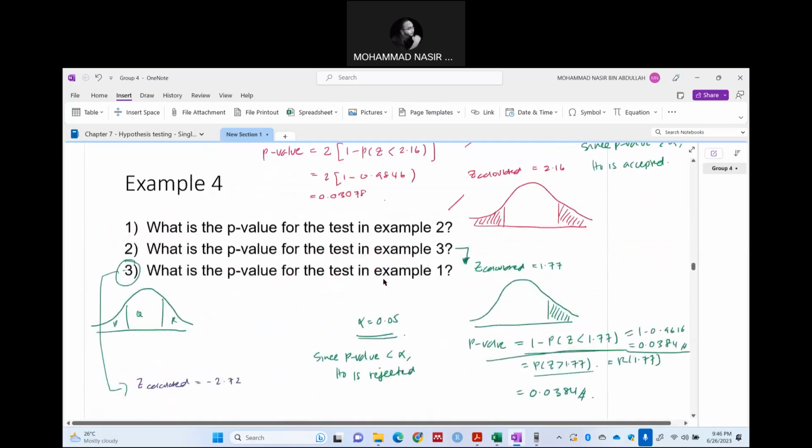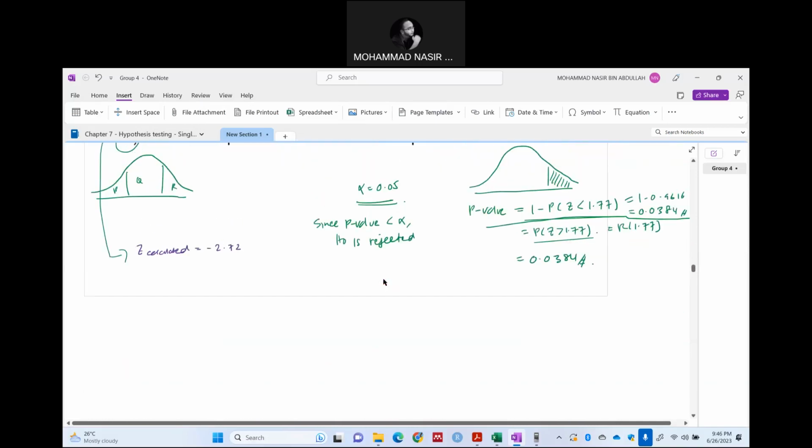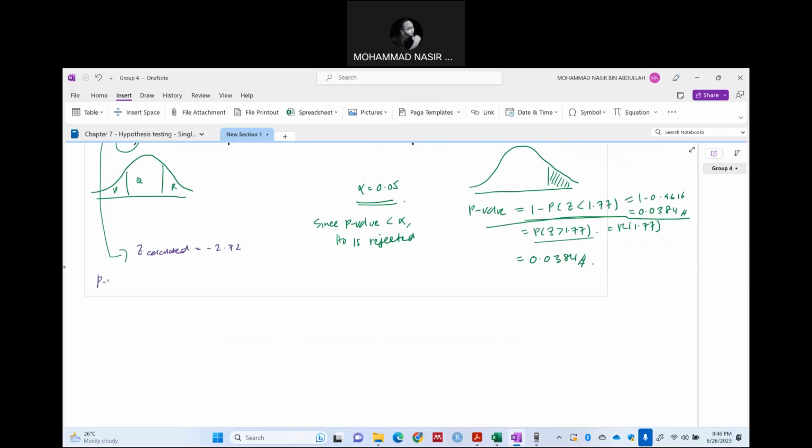And we have a two-tail test. So the p-value is equal to 2 multiplied by 1 minus the probability of Z less than 2.72.